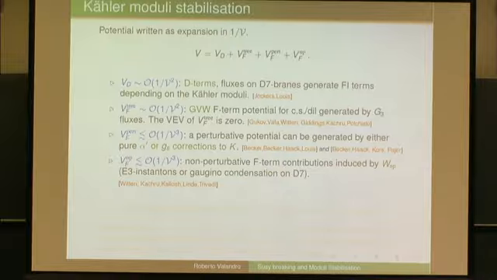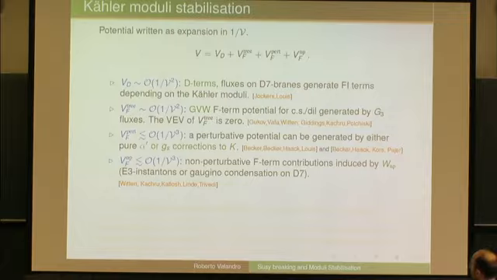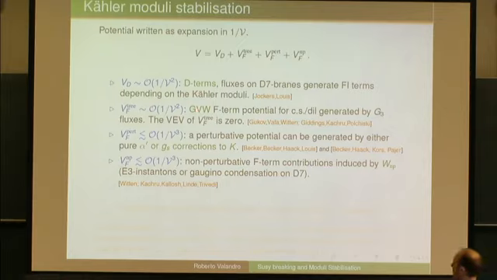And in this 1 over the volume expansion, the D-term potential coming from fluxes on the 7-branes, which depends on the Kähler moduli, is of order 1 over the volume squared. It is the same order as the tree-level F-term potential coming from the Gukov-Vafa-Witten superpotential.